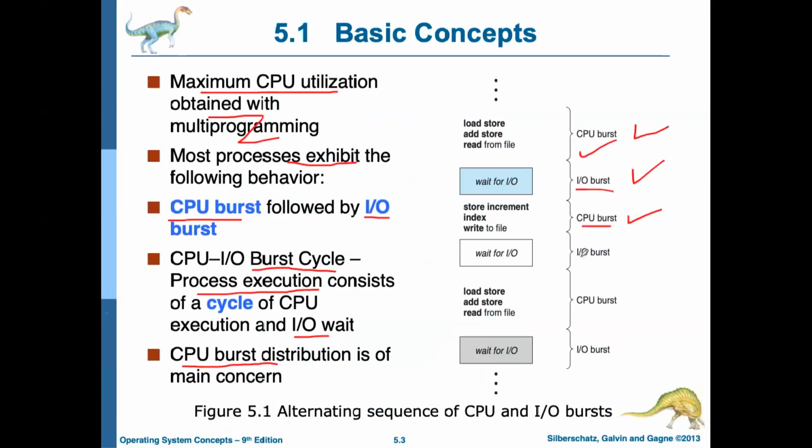CPU, I/O. Okay, so this is the default, I can say the basic concept, in order to implement a certain task, for example. Okay, this is the instruction. You can see that instruction, and then you have to wait, and then back to this again, continue, wait, and then continue, wait. So this is the scenario.